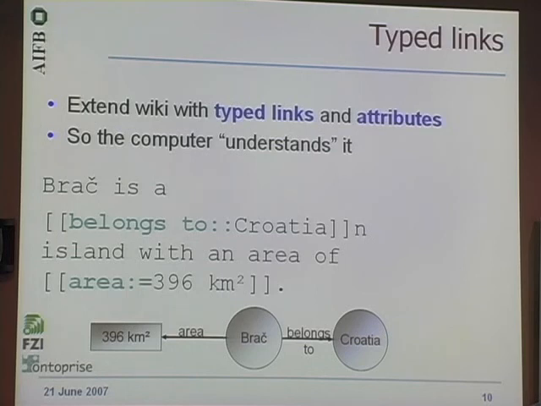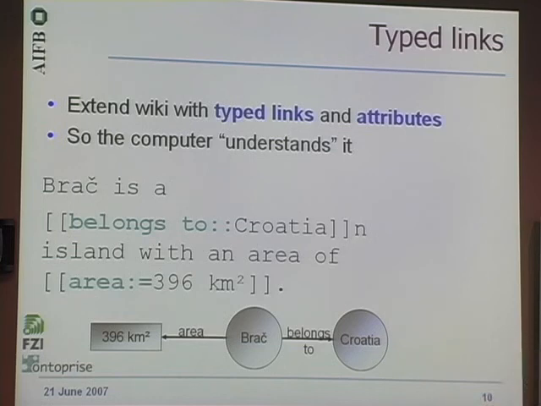Okay, and the second extension is that you are also able to precisely define the kind of attributes that are used to further characterize your entities. So here you have that attribute that describes how many square kilometers are associated with that specific island.